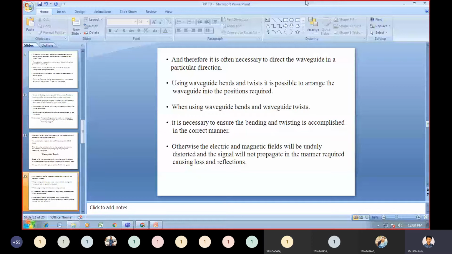We already discussed this. Otherwise, if you choose any direction, the electric and magnetic fields will be unduly distorted and the signal will not propagate in the manner required, causing losses and reflections.